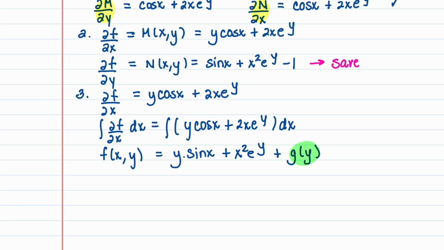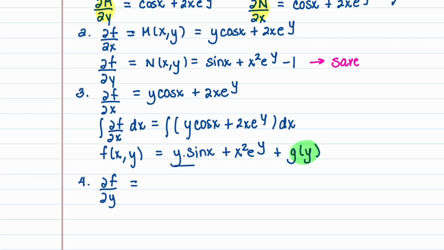To find g of y, in step 4, we're going to take the partial derivative of f from step 3 with respect to y. We are taking the partial derivative of this function with respect to y. This gives us sine x plus x squared e to the y plus g prime of y.